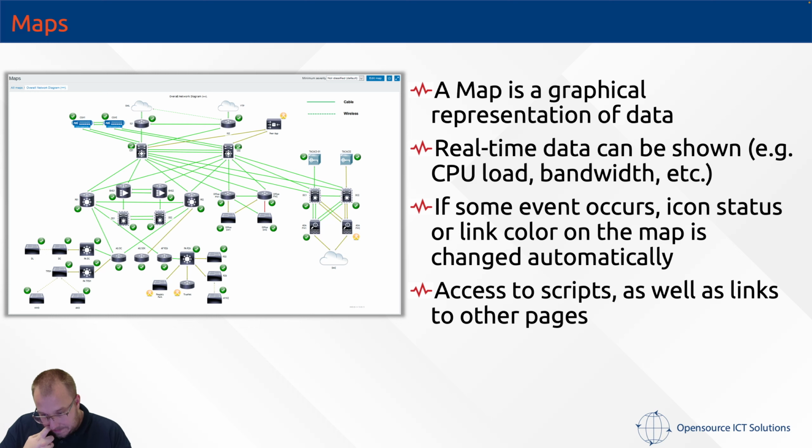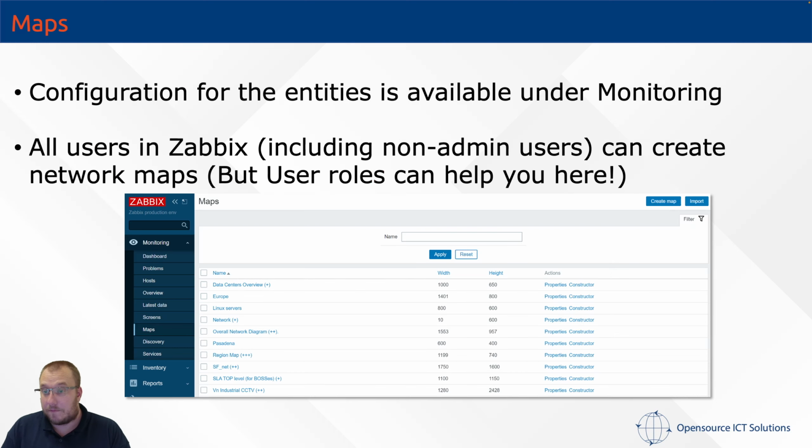For all these elements, if the type is a host, we can access front-end scripts as well. And front-end scripts are extremely useful to, well, set configuration or change behavior. It's not really part of the visualization, but extremely useful. So, in order to configure this, we go to monitoring maps.